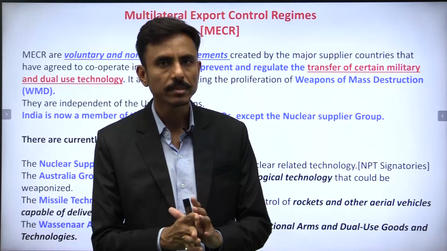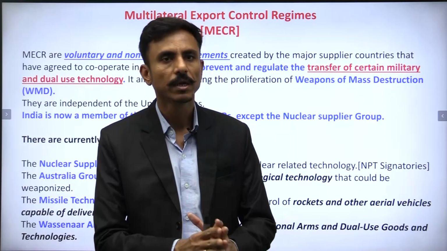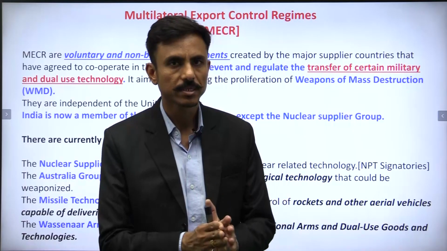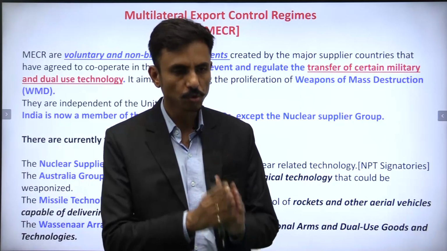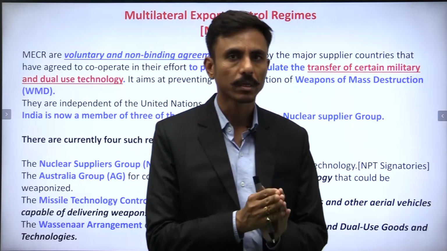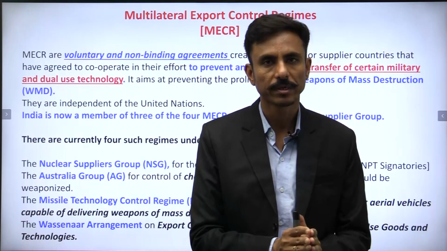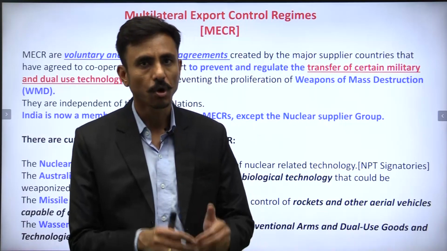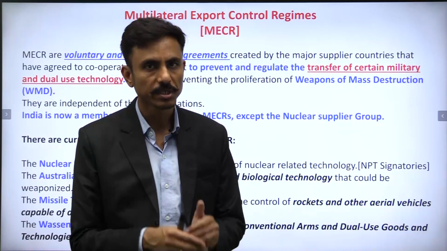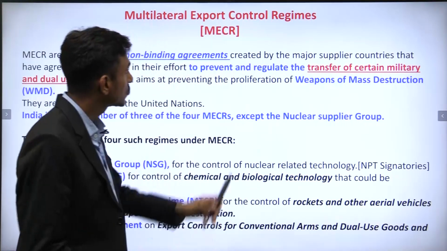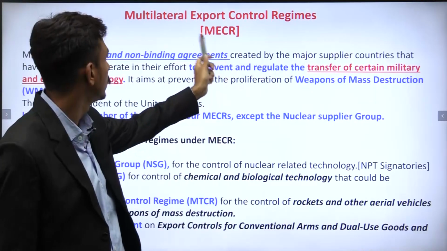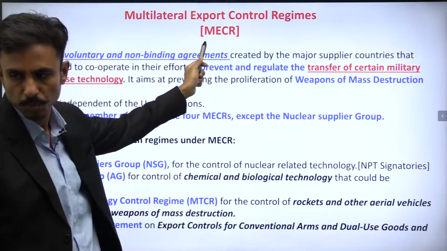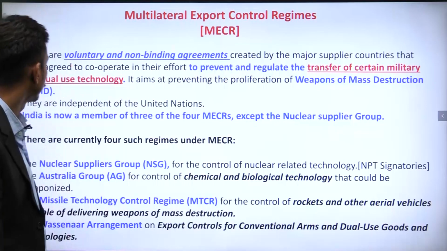So any trade, any transaction in those weapons has to be regulated, has to be controlled, to augment and promote disarmament. And this is called MECR, Multilateral Export Control Regime, right?